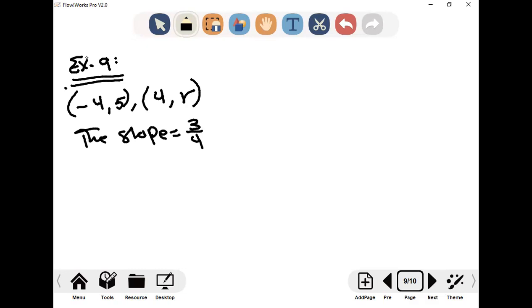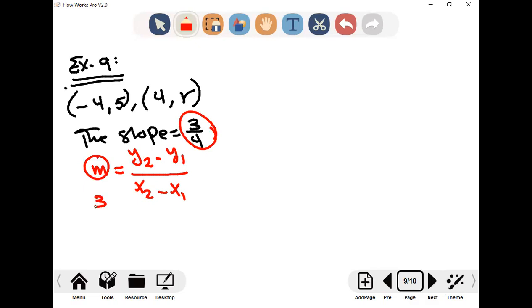Let's apply the formula of the slope. M equals y2 minus y1 over x2 minus x1, and m is given. So replace m by its value: 3 over 4 equals y2, r, minus 5 over 4 minus minus 4, right?